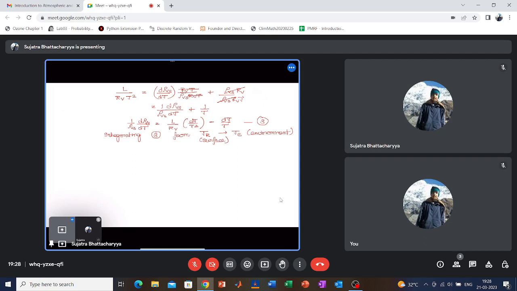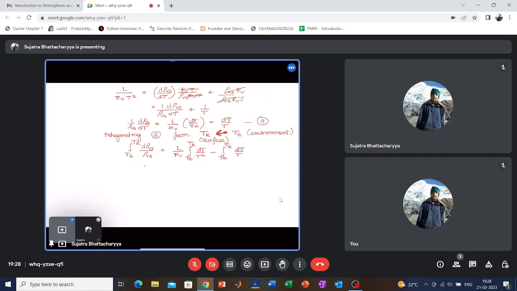Now if we do it, then from Te to Tr, I'm sorry, this will be from Te to Tr. Okay, we are integrating from environment to the surface where the vapors are present. So it will be d rho Vs by rho Vs, that will be L by Rv, then Te to Tr dT by T square minus Te to Tr dT by T. Simple, just integrating it.